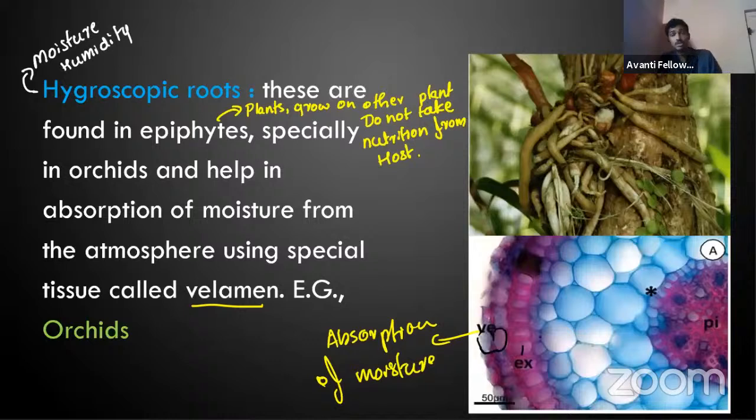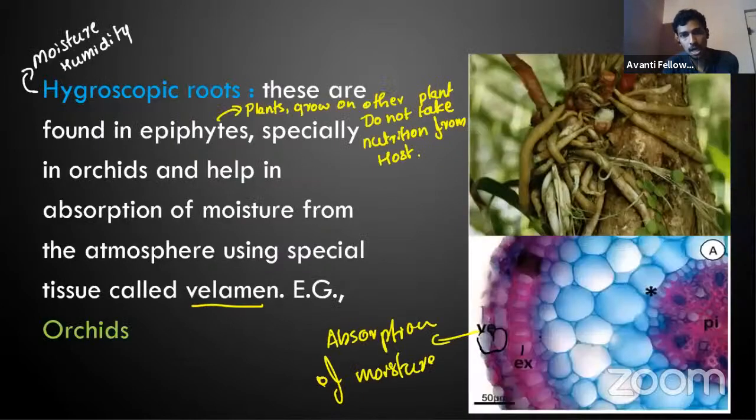If anyone doesn't know what an orchid is, orchids are one of the beautiful flowering monocotyledon plants. Try to search in Google, you will get thousands of photos. In Kannada, we call it Sitale Hu, but I'm not sure what it's called in other languages. Hygroscopic means plants which have the velamen, which absorbs the atmospheric moisture and they will survive.